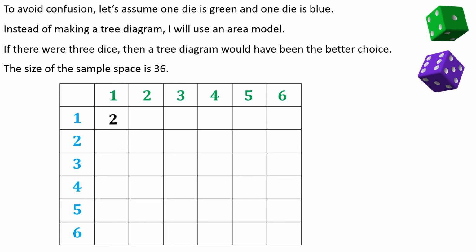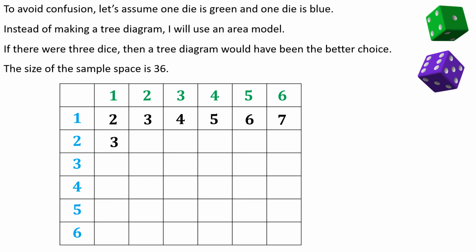So 1 plus 1 is 2. 1 plus 2 is 3. 1 plus 3 is 4, etc. All the way up to 1 plus 6 is 7. Then I'm going to do 2 plus 1 is 3. Now, this is why I use different colored dice. Notice that one of those 3s is created with a green 2 and a blue 1.